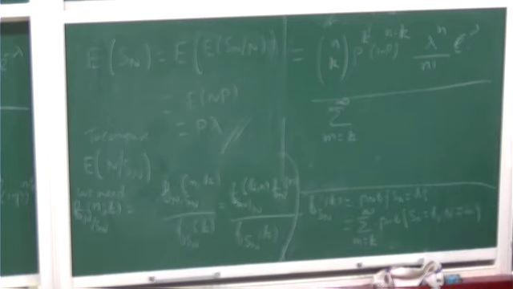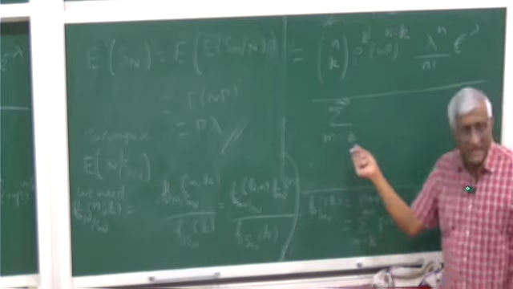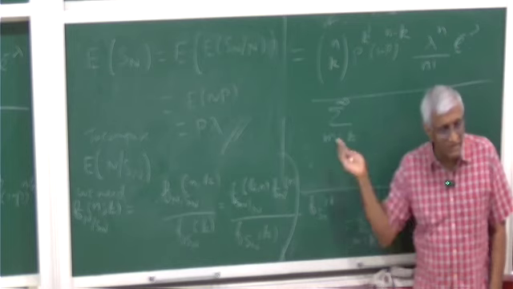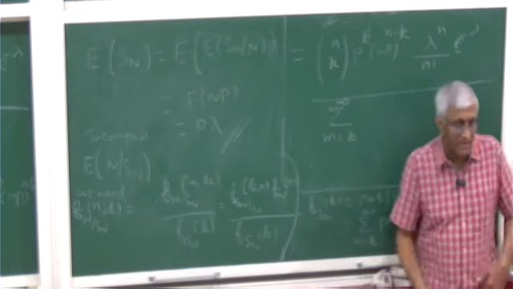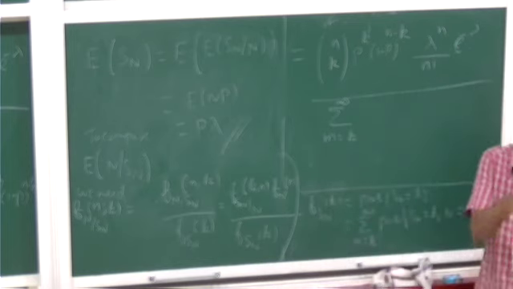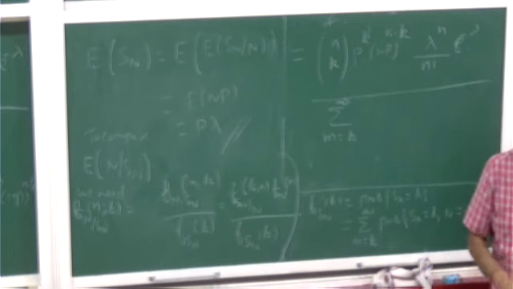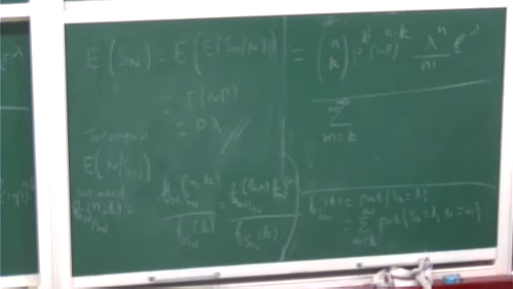This is again binomial, right? Because m has to be greater than k. That's the only choice. If m is smaller than k, from m items, how will you get k items, bigger than m? It's not possible.